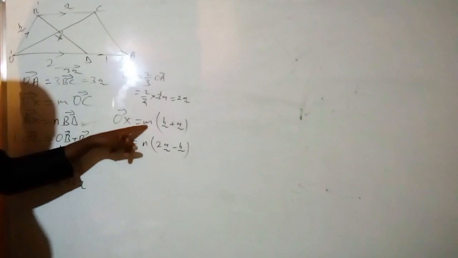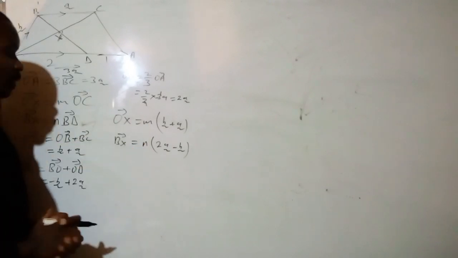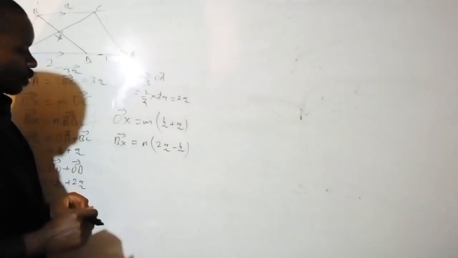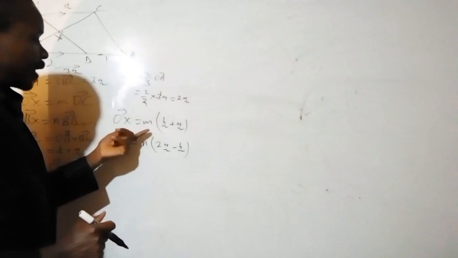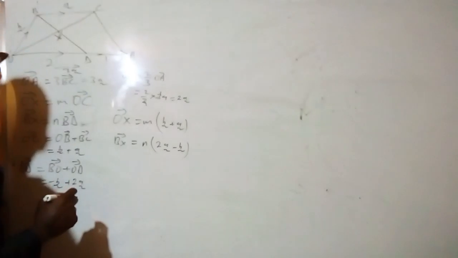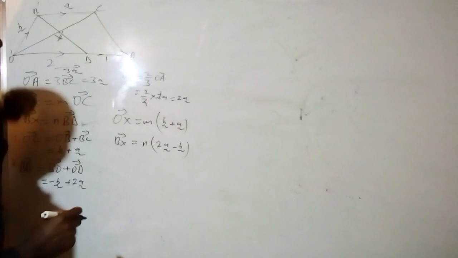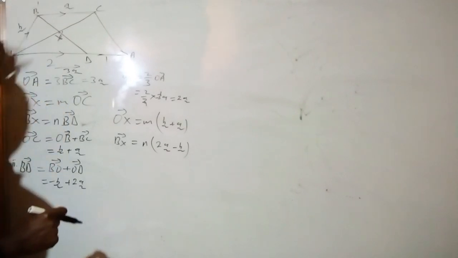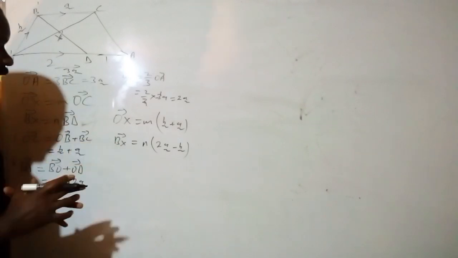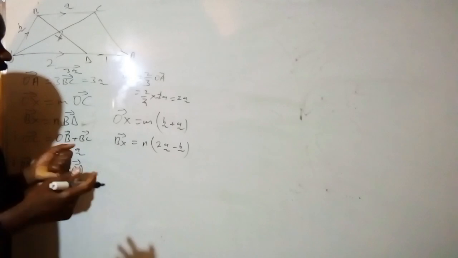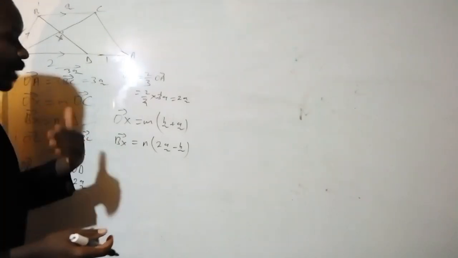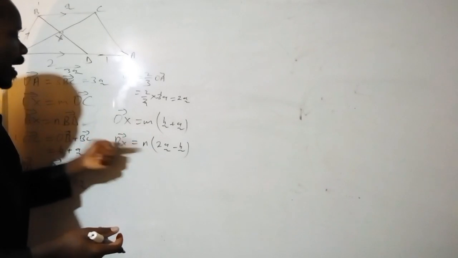The first thing we are going to do is get 2 simultaneous equations. Then we solve, and after that we are able to get the value of M and N. With OX and BX, you are supposed to find the route in which both OX and BX will be incorporated, so that you can form 2 simultaneous equations which will help you get the value of M and N. That route is this here.